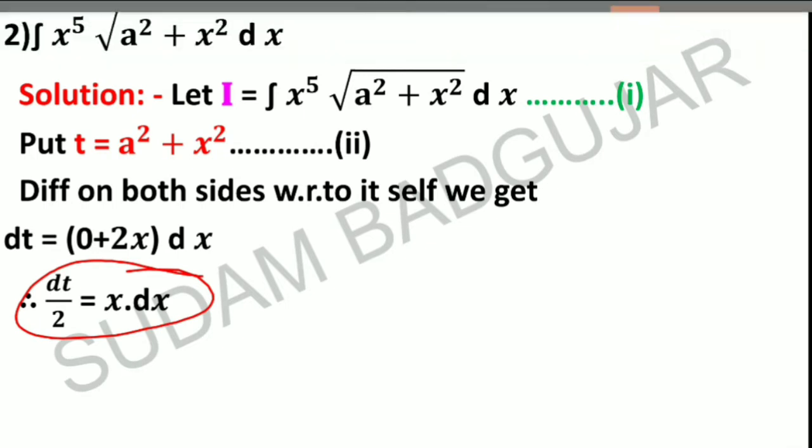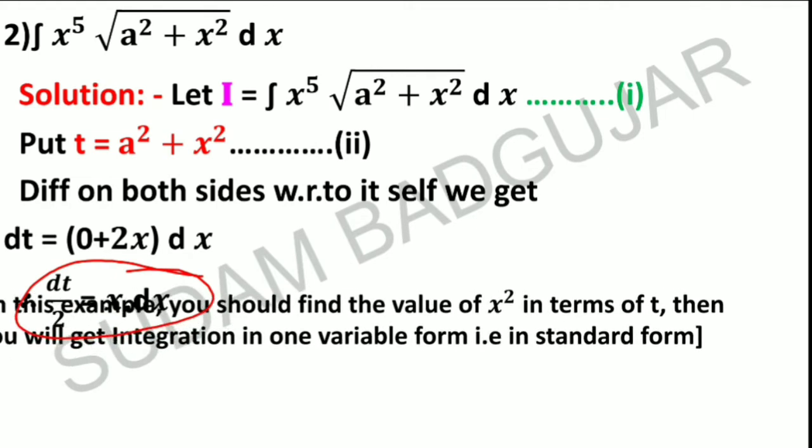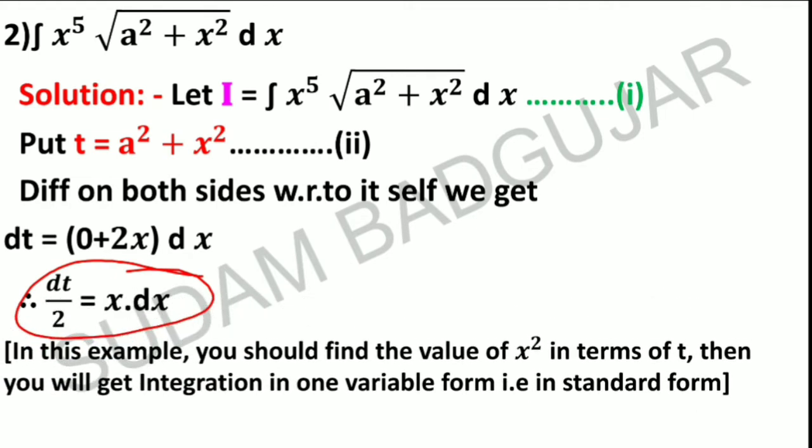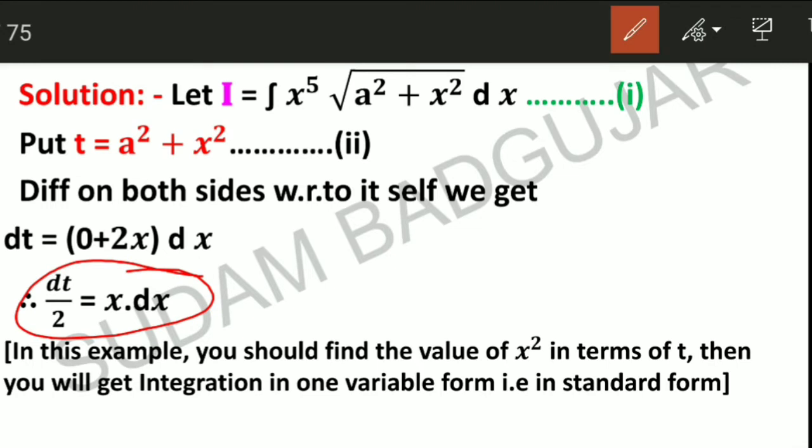Now the equation 1 is, now in this example you should find the value of x square in terms of t. Because here we have to substitute, I already explained in the previous example, that is put t is equal to a square plus x square. So you have to find out the value of x square.